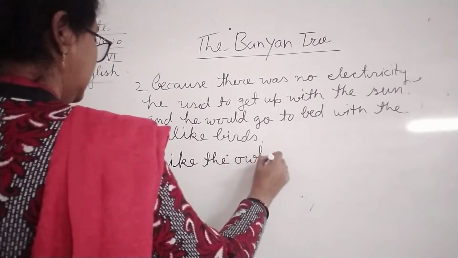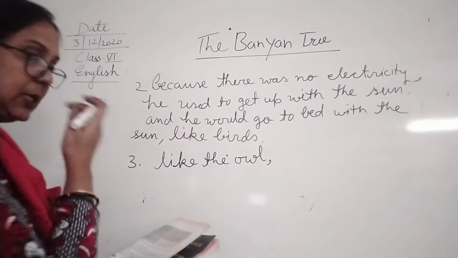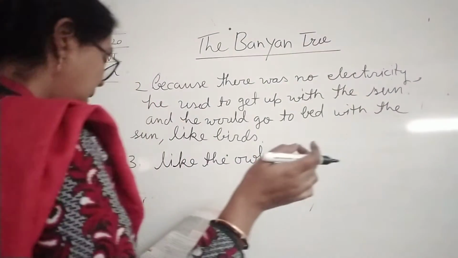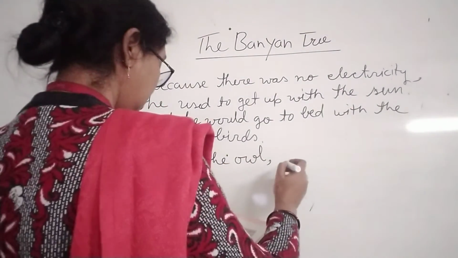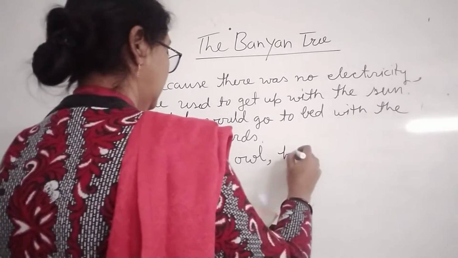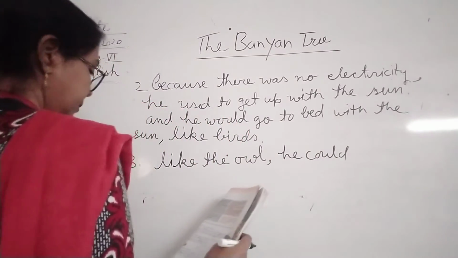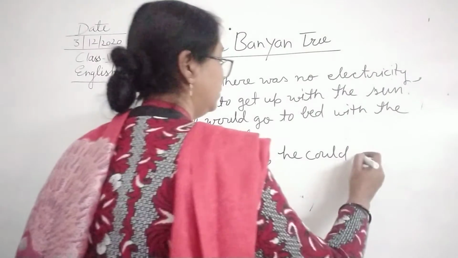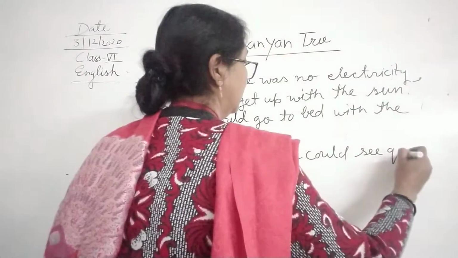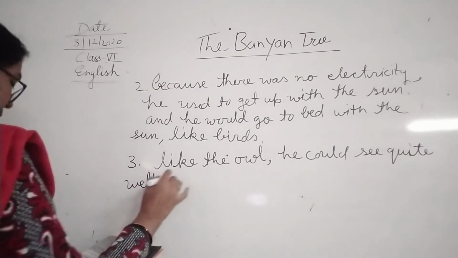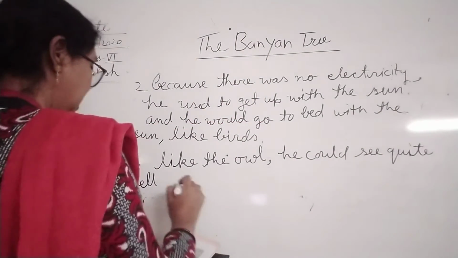So all things you can see over here, these are all saying by the grandfather. So like the owl, he could see quite well in the dark.